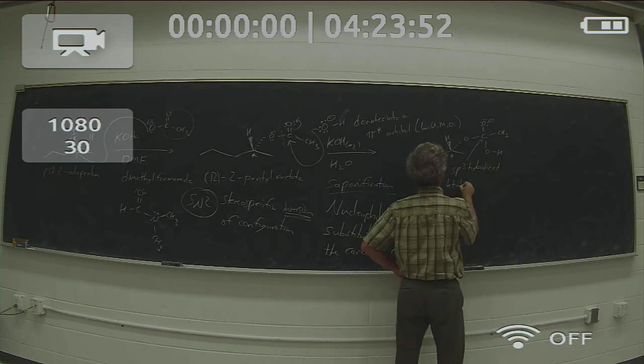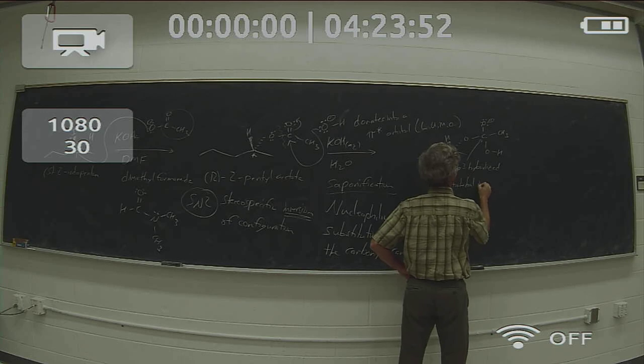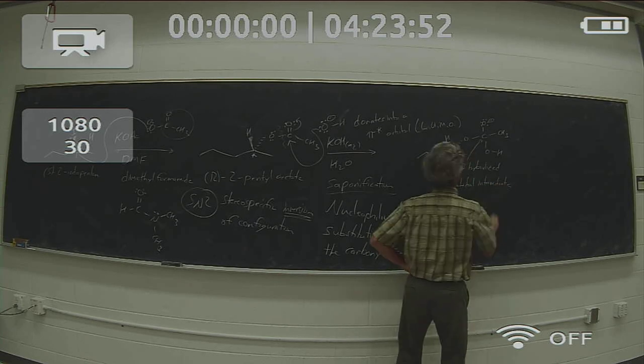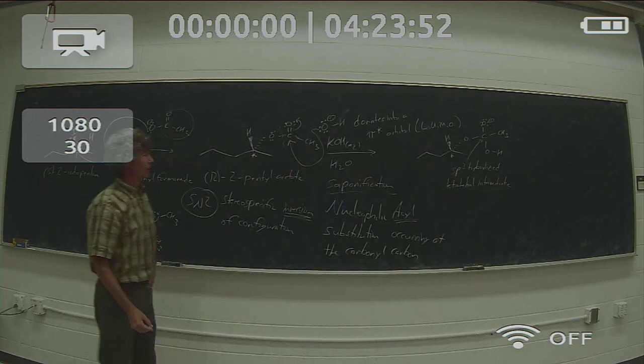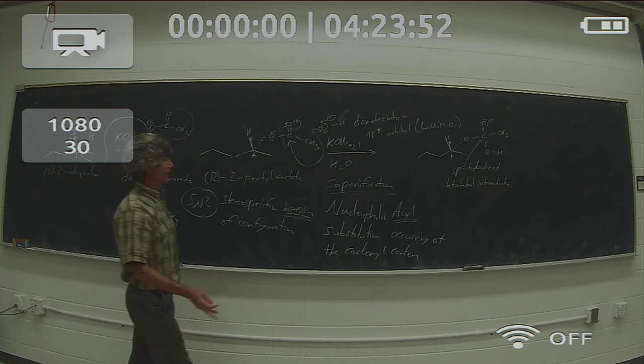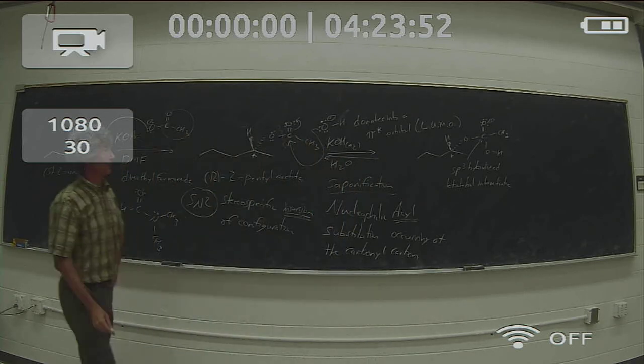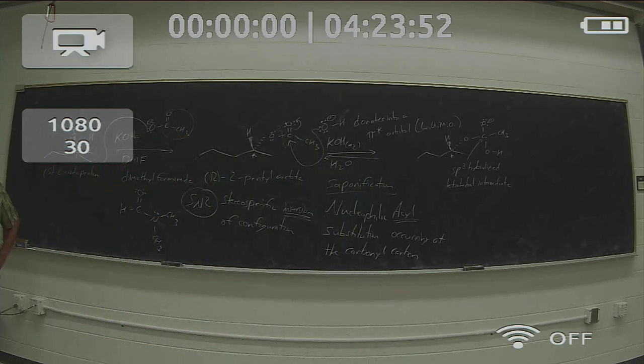The intermediate is tetrahedral at the former carbonyl carbon. This reaction is reversible. There's nothing to prevent that pair of electrons from coming back and kicking out the hydroxide ion.